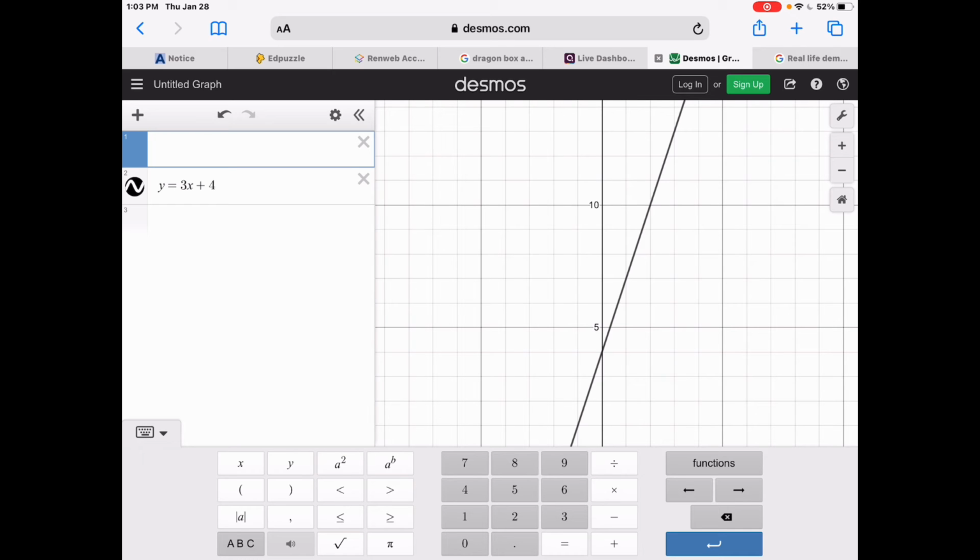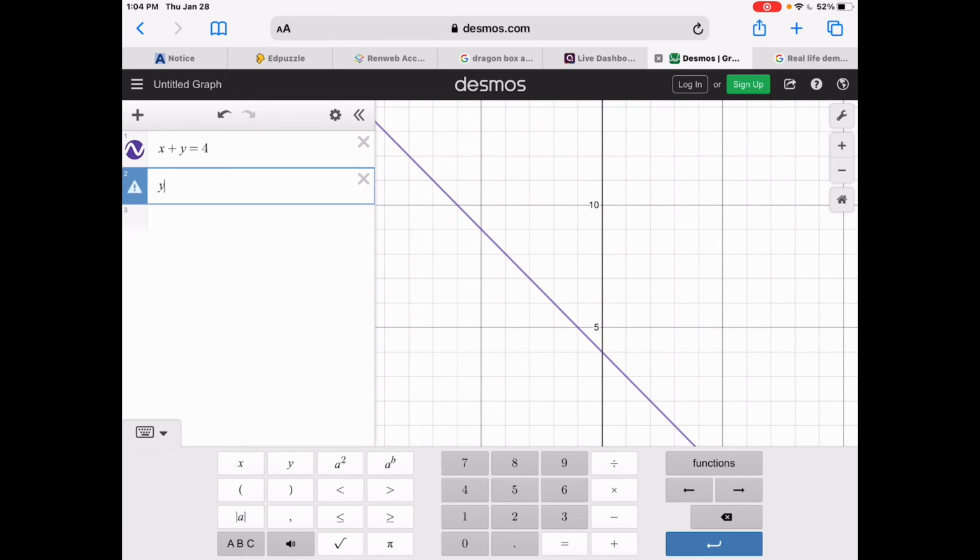If I graph number 19, I'd have x plus y equals 4, and 3x plus 3y equals 12.